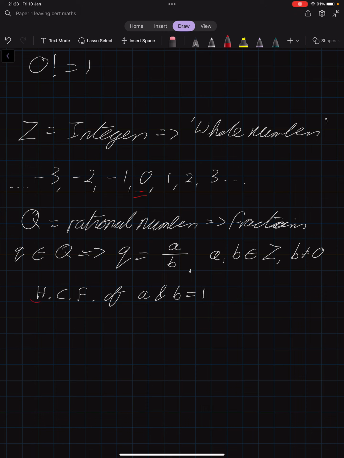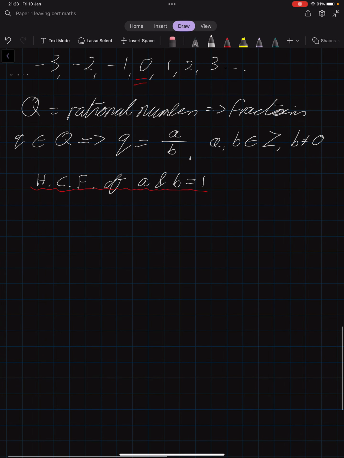This may seem insignificant, but it's actually really important, because of this we'll be able to prove that root 2 and root 3 are irrational, probably in the next 10 minutes or so. Okay, never mind, we're doing it right now. So that's a rational number, and then you have irrational.